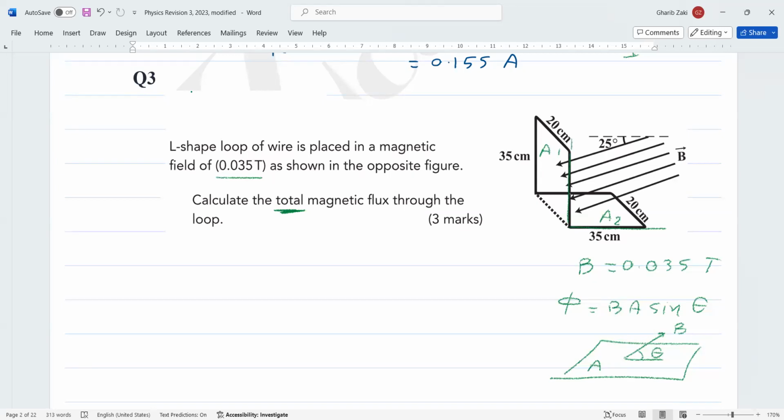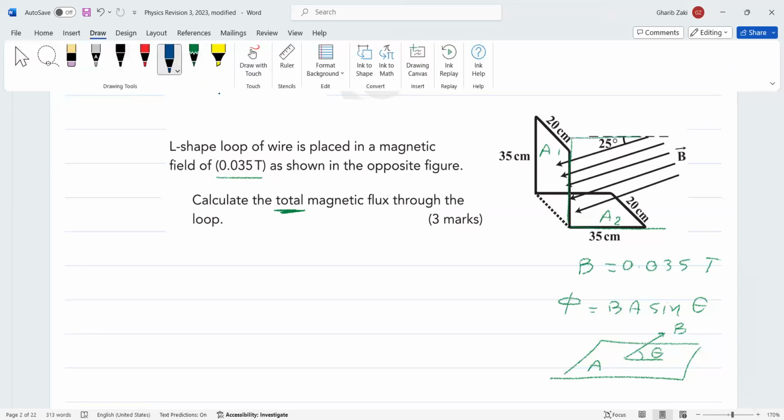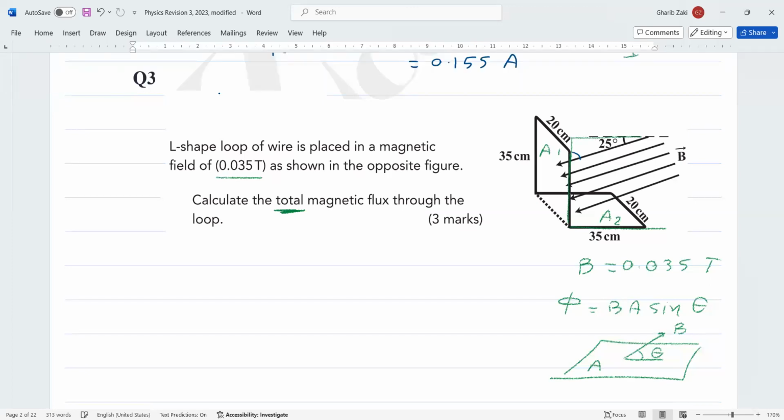In area number 1, when we draw the right angle triangle here, this is the angle theta. Let this theta be denoted by theta 1. This is the right angle triangle for theta 1, and this angle is 25, so we can calculate theta 1, the angle between magnetic flux density and area 1.